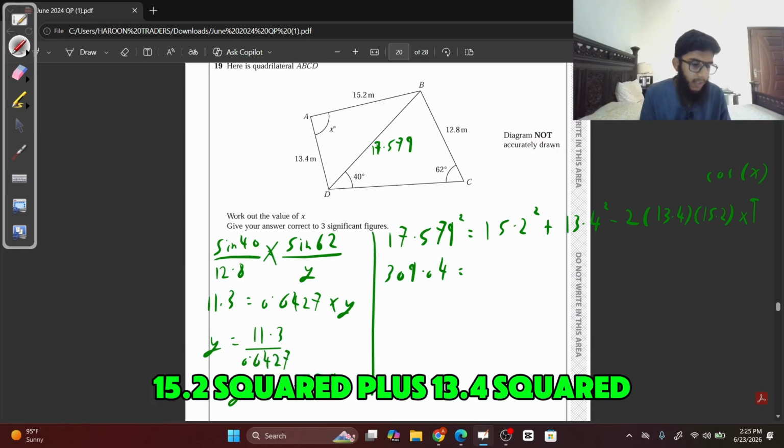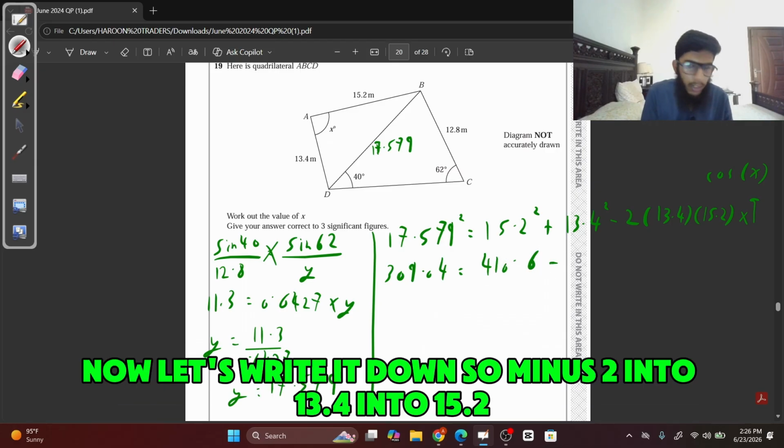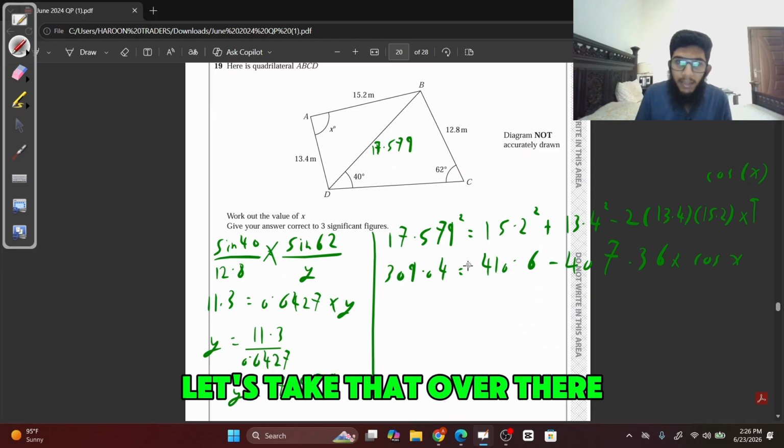15.2 squared plus 13.4 squared, that's going to be 410.6 minus, now let's write it down, so minus 2 into 13.4 into 15.2, that's going to be minus 407.36 into cos of x. Let's take that over there.